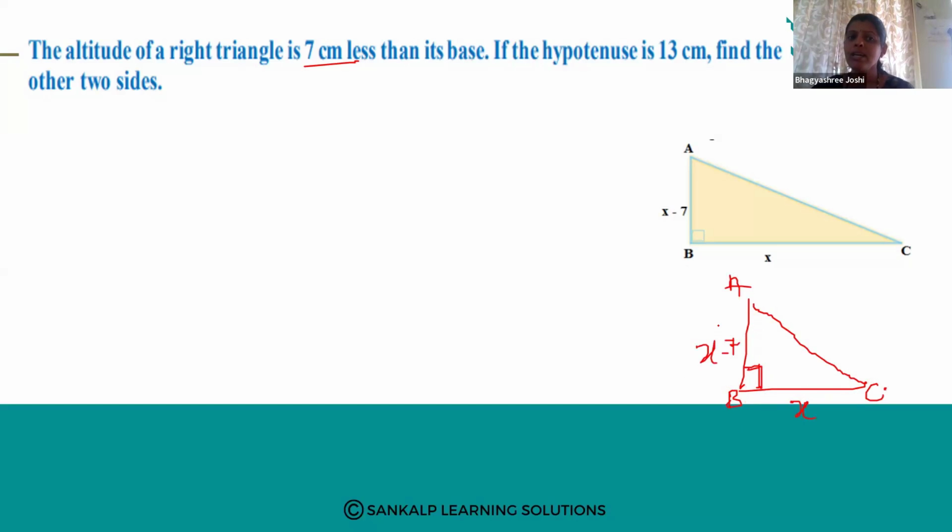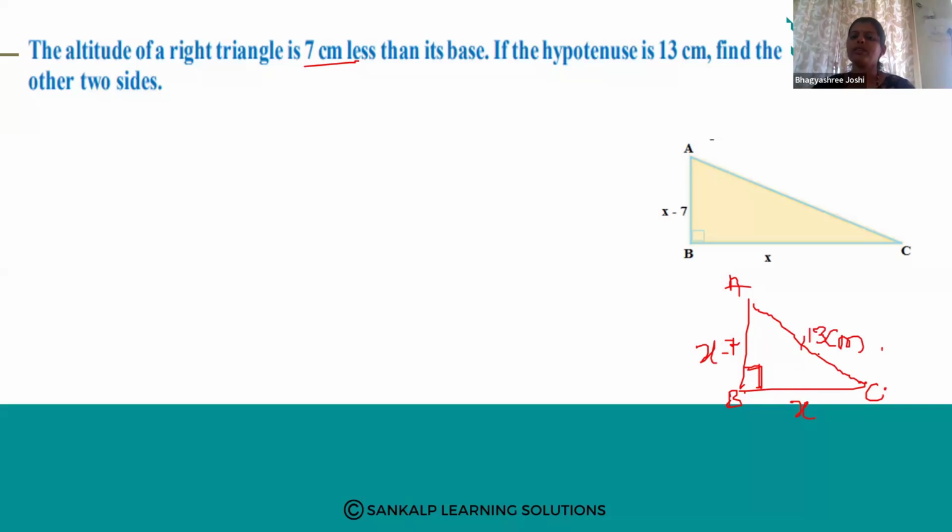Why? Because altitude is 7 centimeter less than its base, right? So if I consider base is x, then height is x minus 7, right? Next, hypotenuse they have given, that is 13 centimeter. Find the other two sides.